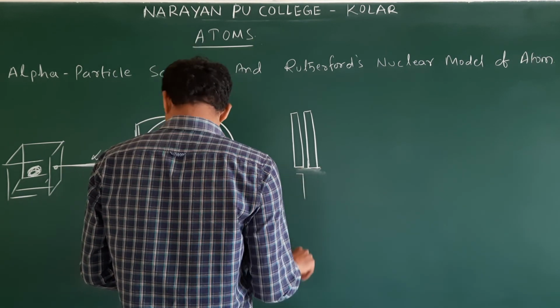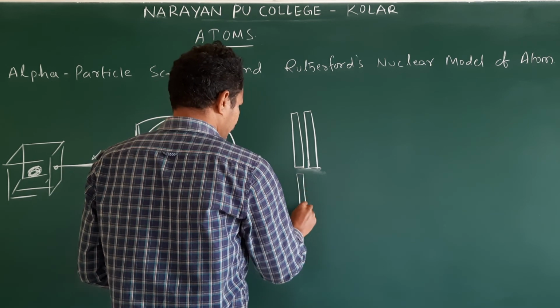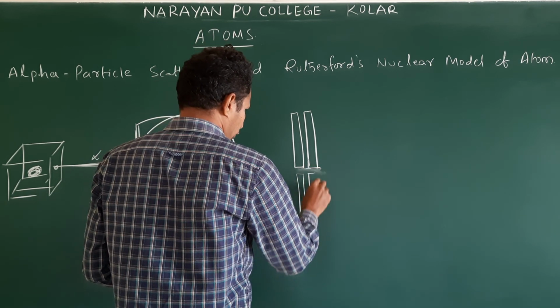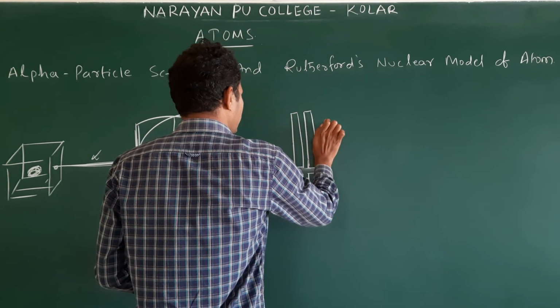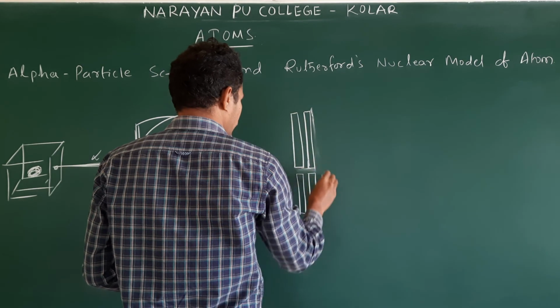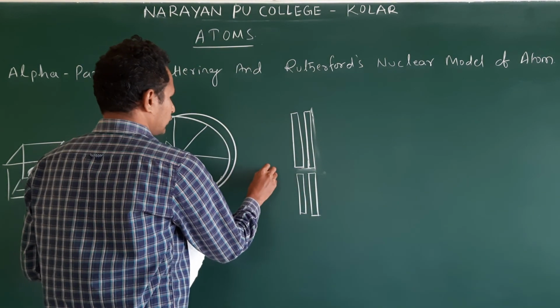So these two are the lead bricks. This is the source of alpha particles.